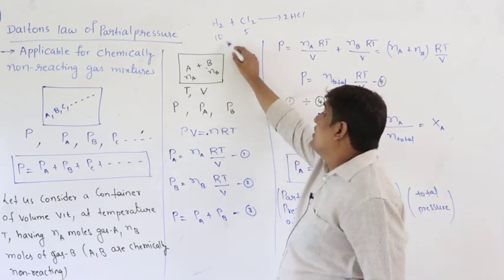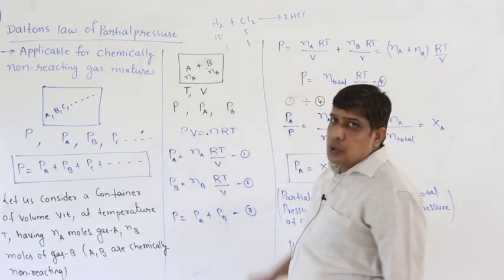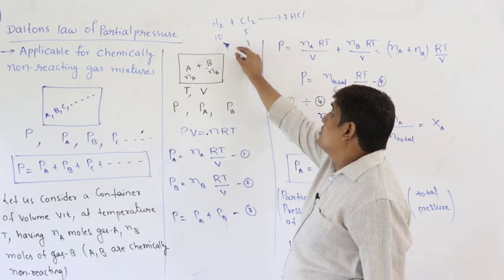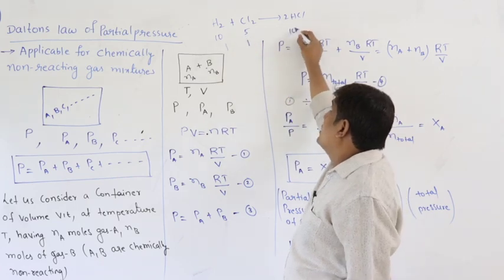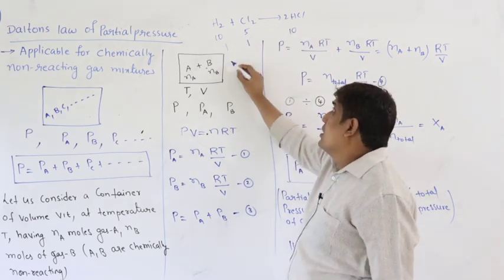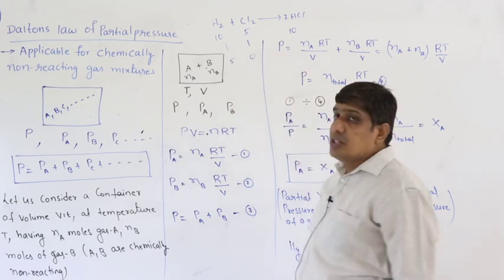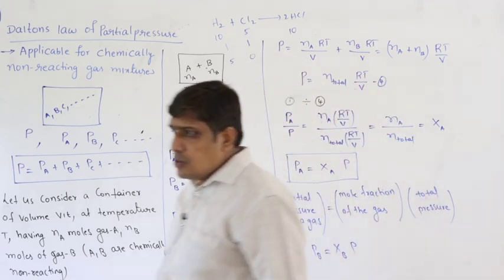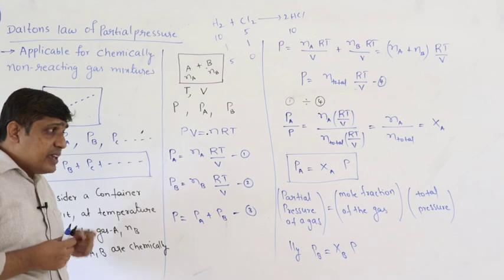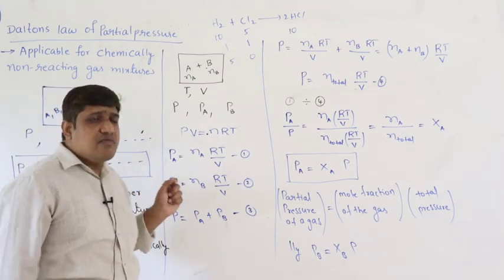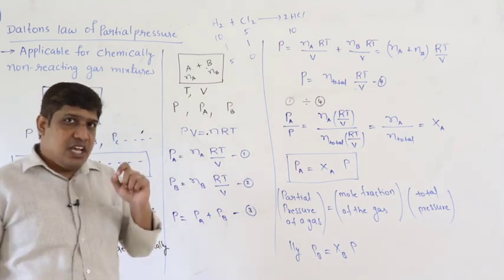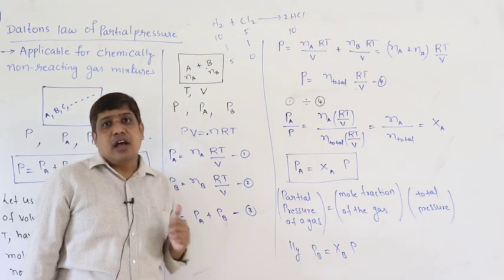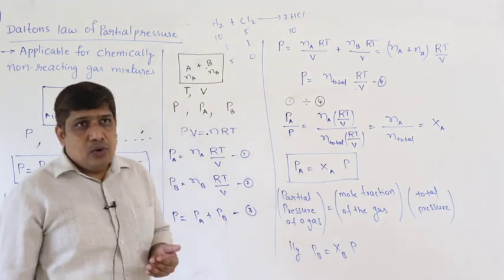What is the reason? Because they will react in 1:1 ratio. So 5 moles will react with 5 moles to form 10 moles of HCl. There will be 5 plus 0 moles. So if they chemically react, the number of moles of gases will change. Therefore, you cannot apply it.